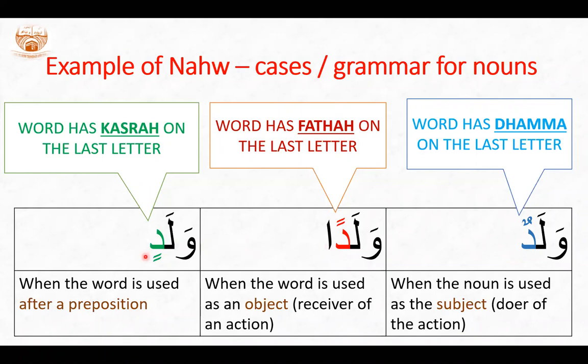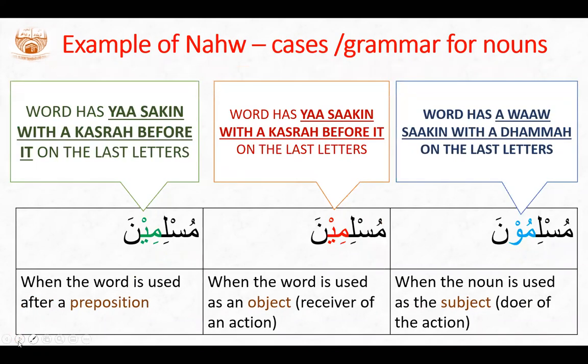By a boy: bi-waladin. By is a preposition, so when it comes after a preposition, it causes an effect on the word that it changes to kasra. So these are just three reasons. There are other reasons as well, but these are some basic reasons, so we have an understanding of it in normal words.